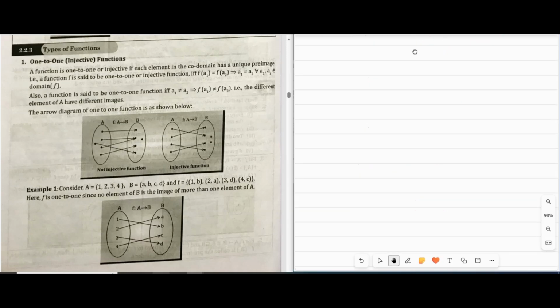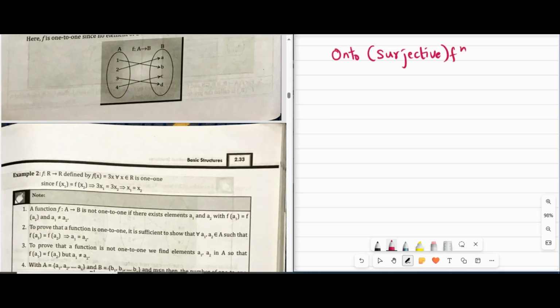Then moving to the next one. The second one is onto function, or it is called surjective function. Now what is meant by onto or surjective function?